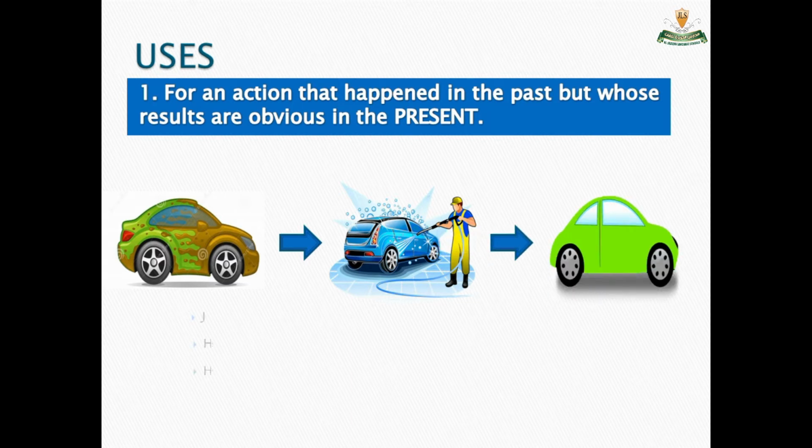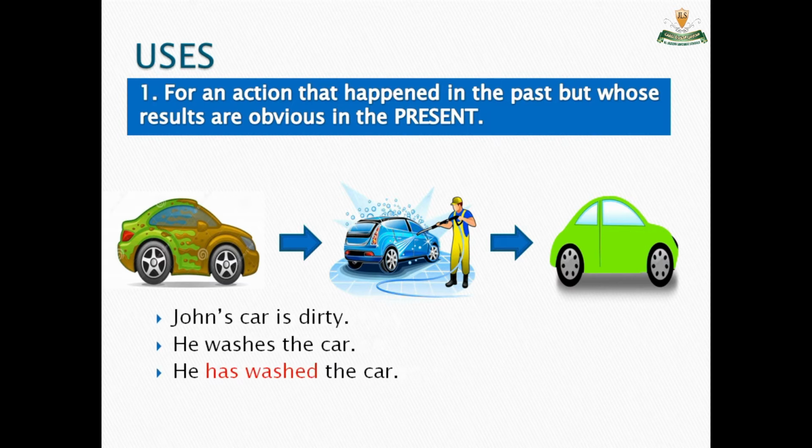The third picture, look at the car. It has been cleaned. John's car is dirty. He washes the car. He has washed the car. Then the result exists. Okay?